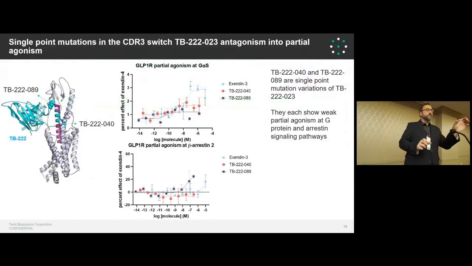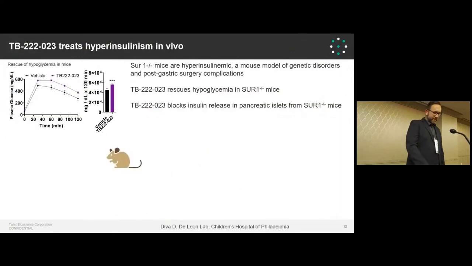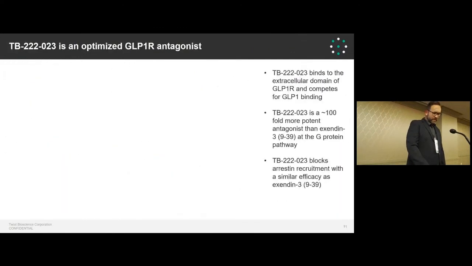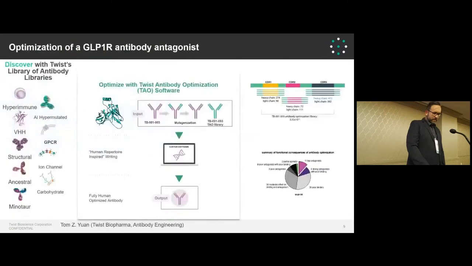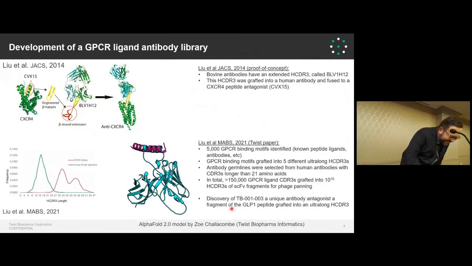Most of them are around 30 amino acids, and the other peak is around 40. So that's the CDR length distribution, a histogram in this library of 10 to the 10.